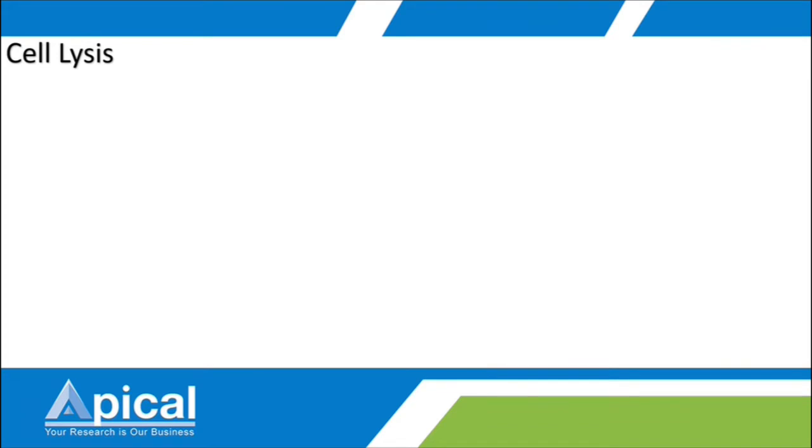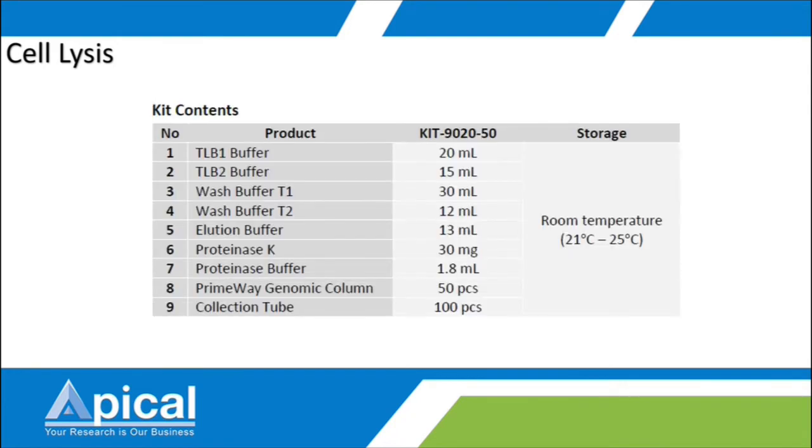In the lysis of the cell, as mentioned just now, different cells have different components which build up the cell membrane and the cell wall. So a good lysis buffer is very important in a DNA extraction kit. In the Primeway kit, if any of you scanned the QR code just now, you can go to the protocol and you will find the kit content inside.